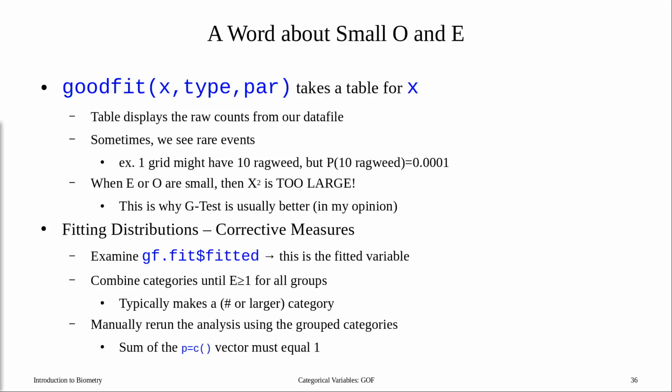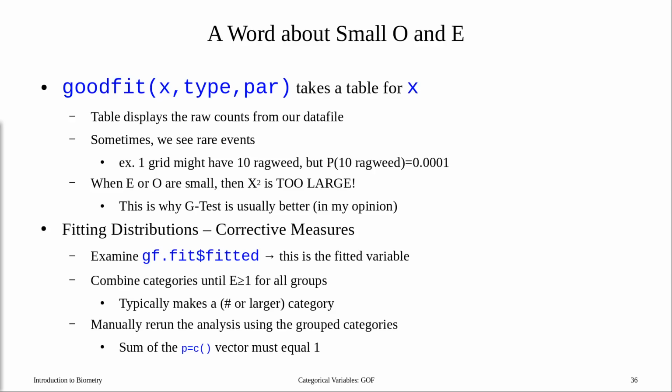When this happens, g-tests are usually a little bit better because they handle those small values, and our p-values tend to be a little bit more realistic. But if we wanted to be a little bit more specific, or if we're dealing with data sets, data tables that have a lot of these small values, then what we have to do is take corrective measures.